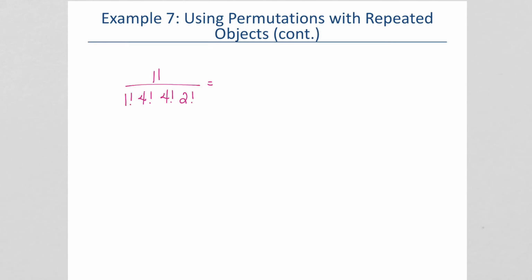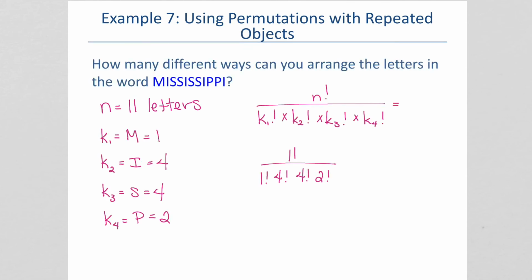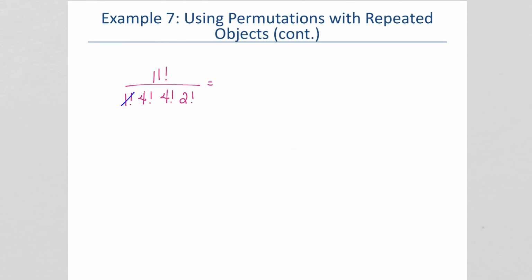So let's see. 1 factorial can just go away. We don't need that. It's just 1. And if we start our 11 factorial, and the largest number on the bottom we've got is 4, so we'll go down to 4: 11 times 10 times 9 times 8 times 7 times 6 times 5 times 4 factorial.